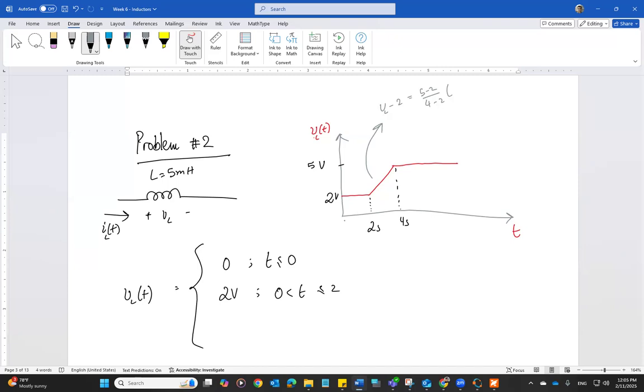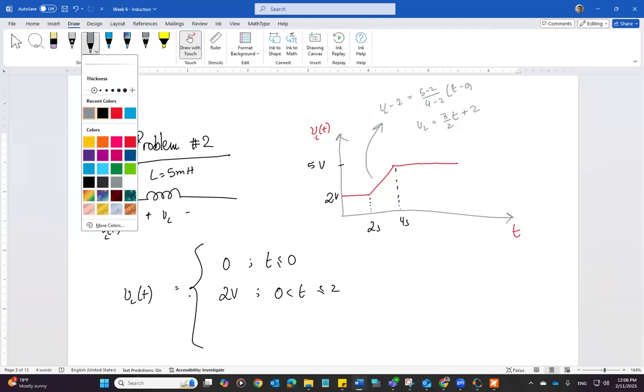T minus the initial time, which is 0. So we have VL is equal to 5 minus 2 is 3, 4 minus 2 is 2, so 3 by 2, T plus 2. That will be the equation for your voltage between 2 and 4 seconds.